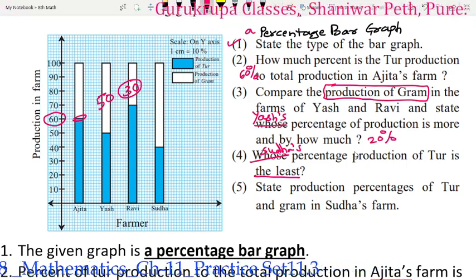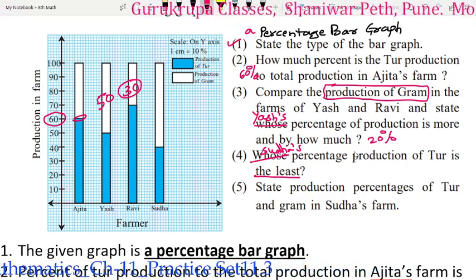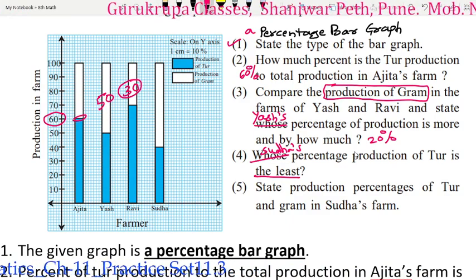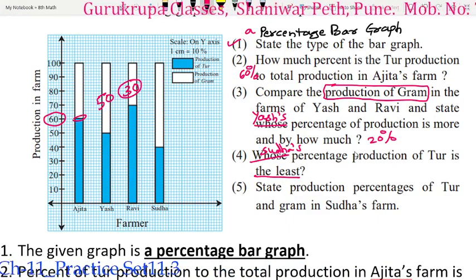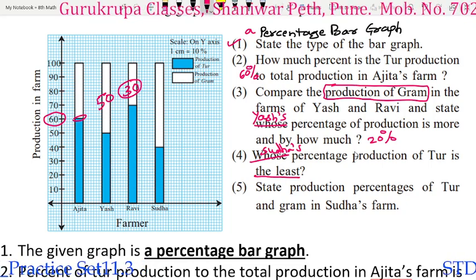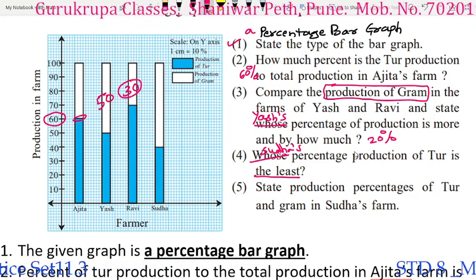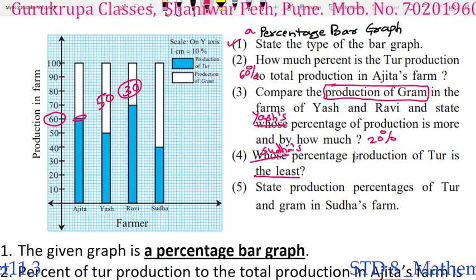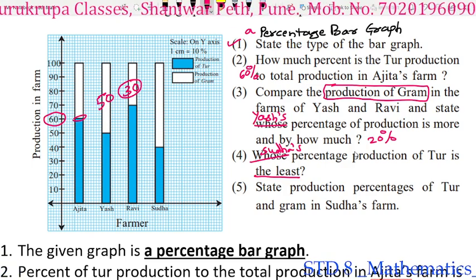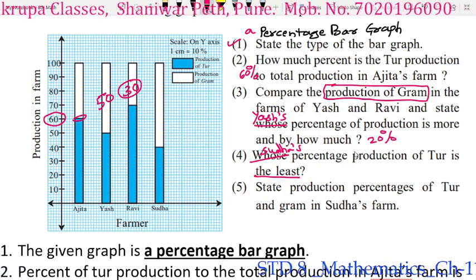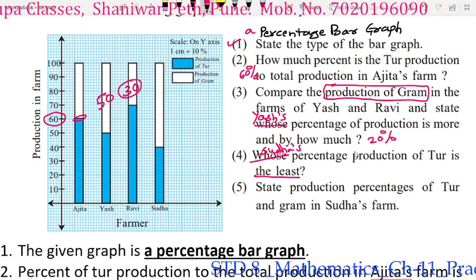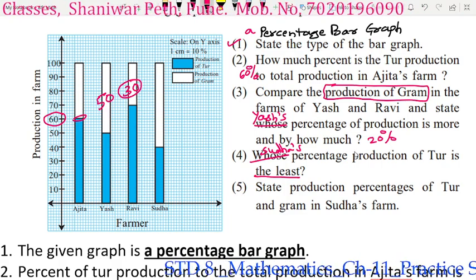40%. Tur or gram? No, sir. 60%. What, 60% tur or gram? 60% gram and 40% tur.